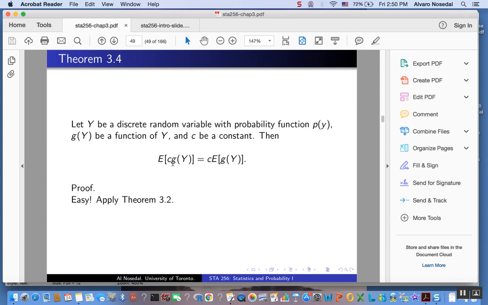Expected value of c times g of y, being a generic transformation, equals c, that constant, times the expected value of g of y. Okay, so the proof is going to be easy. Just apply theorem 3.2 again. Make sense?